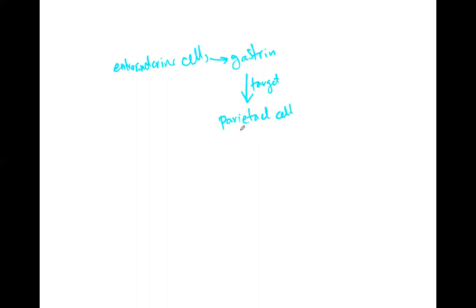And parietal cells is now going to create two things. One is HCl, and the other thing is intrinsic factor, right? Now, at the same time, you have your chief cells producing what?